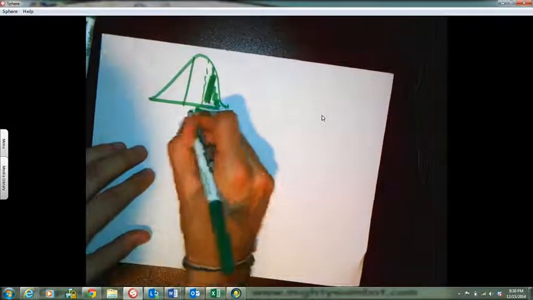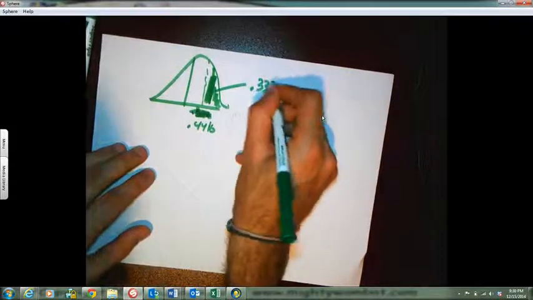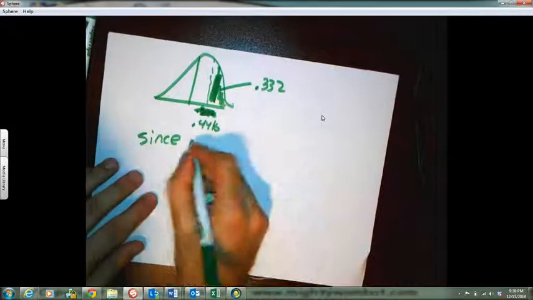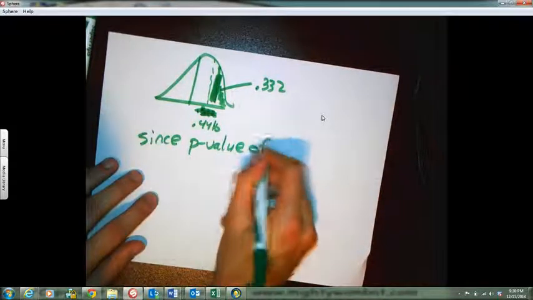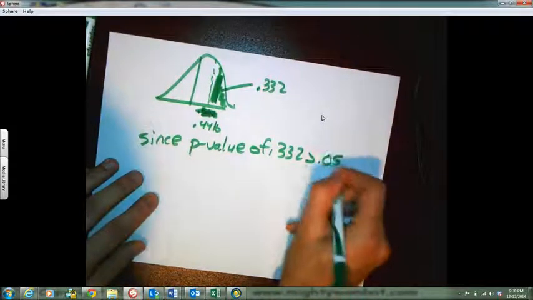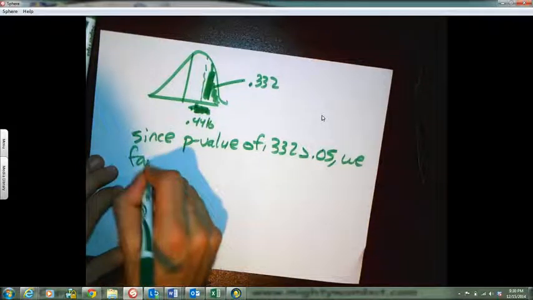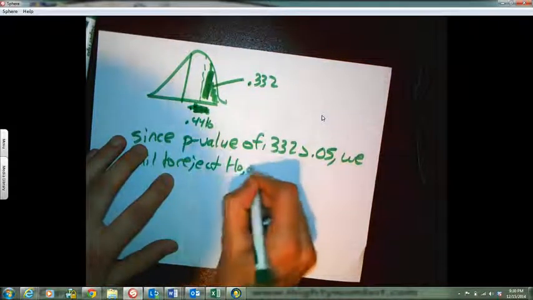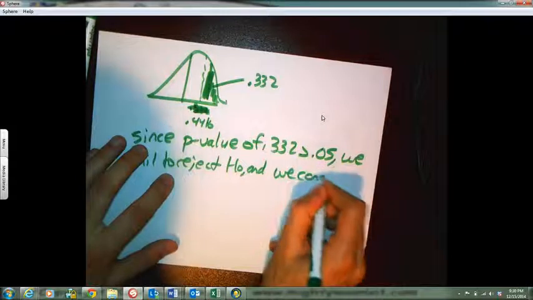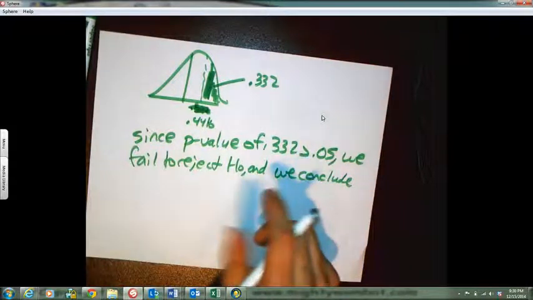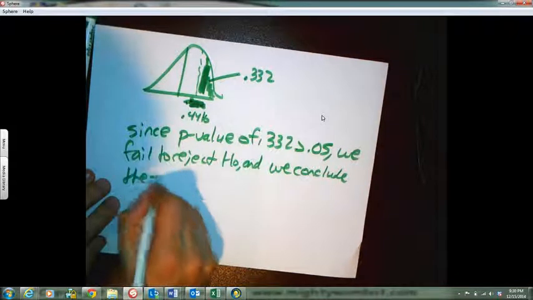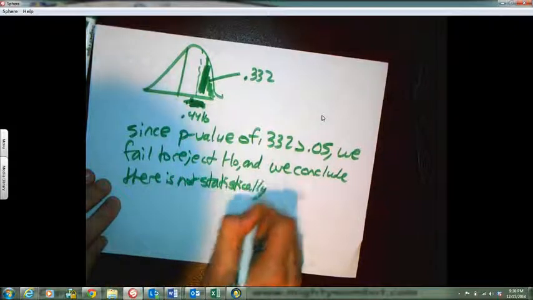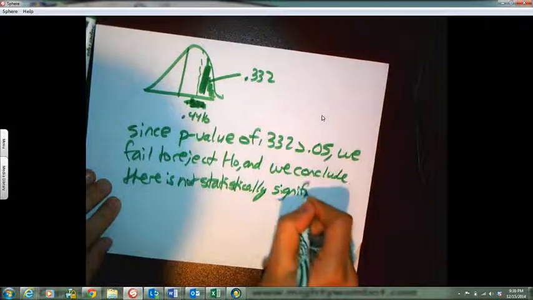And I'm going to say, since the p-value of 0.332 is greater than 0.05, we fail to reject the null hypothesis, and we conclude there is not statistically significant evidence of floral scent improving performance.